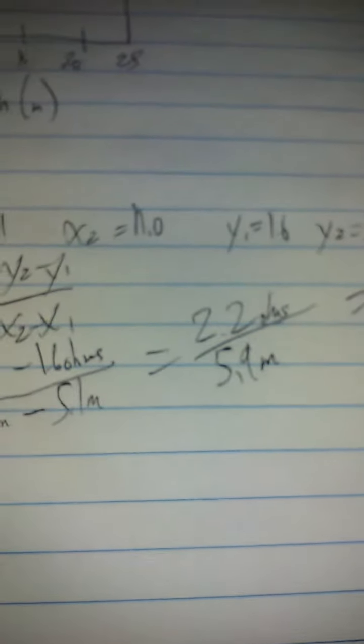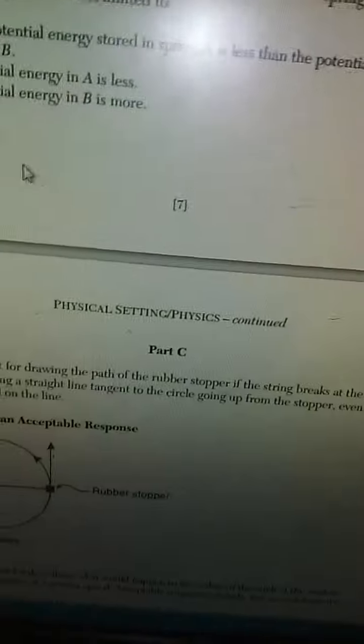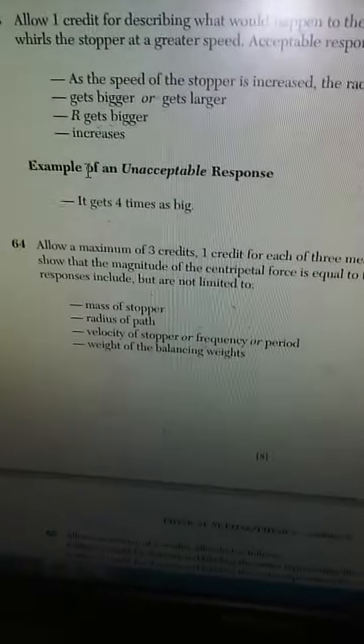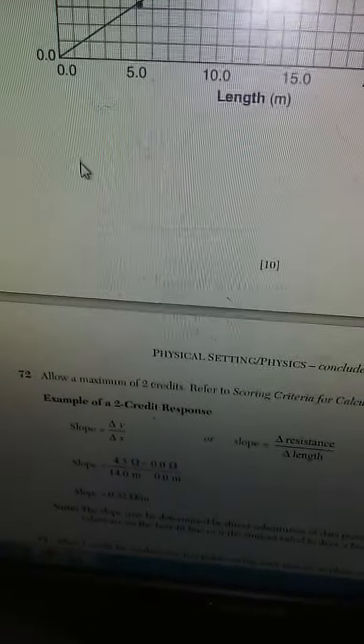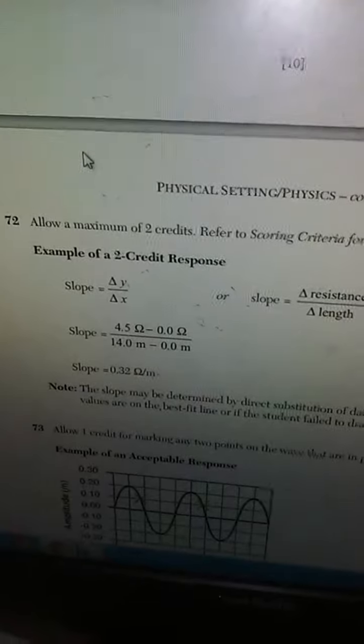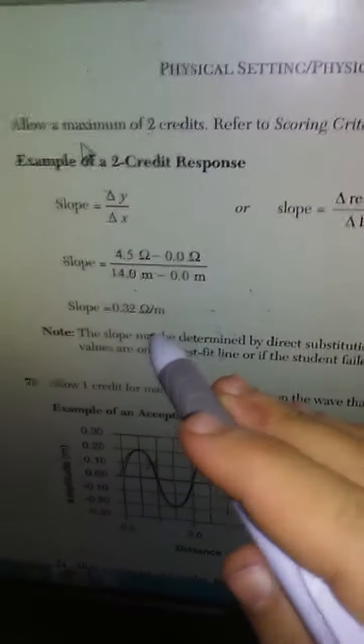So that's question 72. Now I'm looking for the answer. Where is this? 72. Okay, we got the slope was 0.32 ohms per meter. Right here, 0.32 ohms per meter.